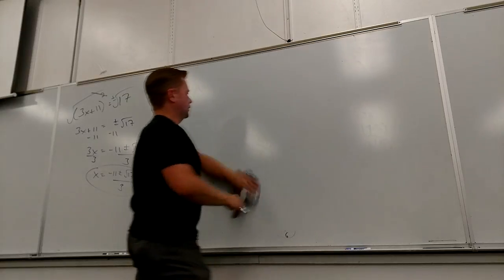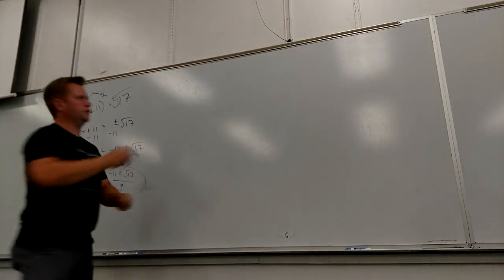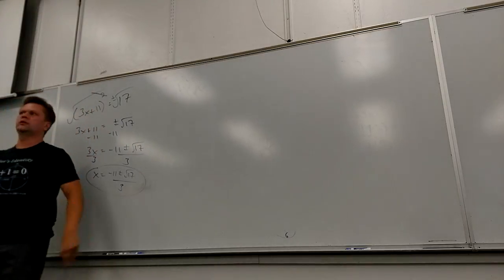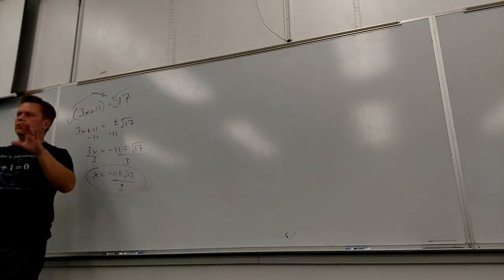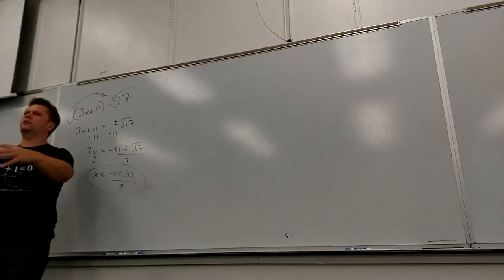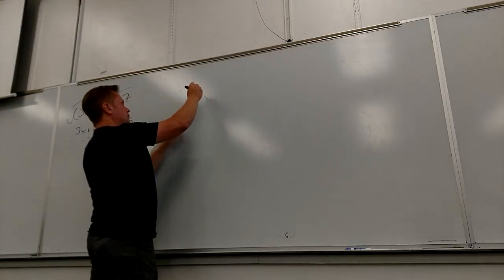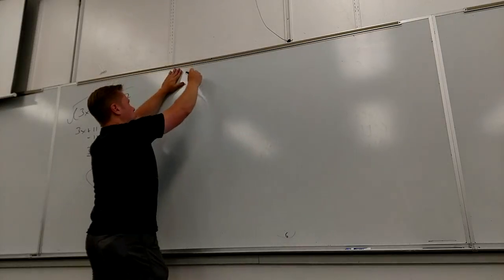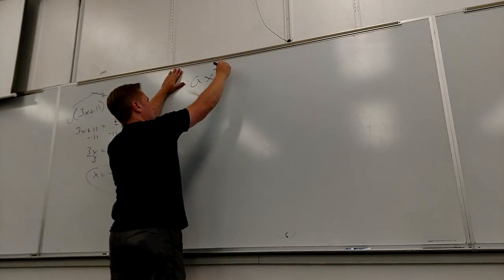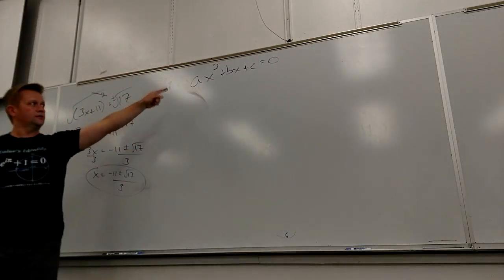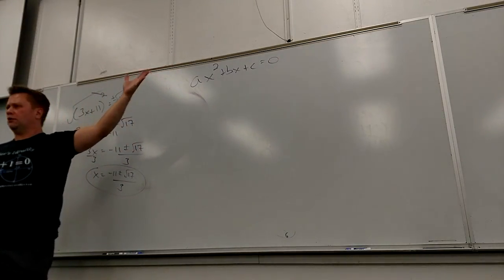So your last thing for today: I'm just going to show it to you, see if it looks familiar, and then tomorrow I'm going to try to show you a little bit about where it comes from. To be honest, what I'm going to try to do tomorrow is, if I start here, this is what the quadratic formula does. That's what everything we've been working with looks like, right?